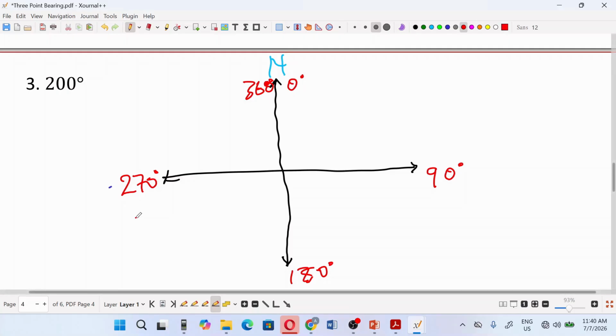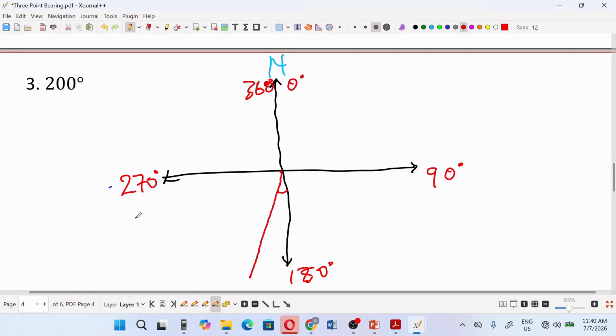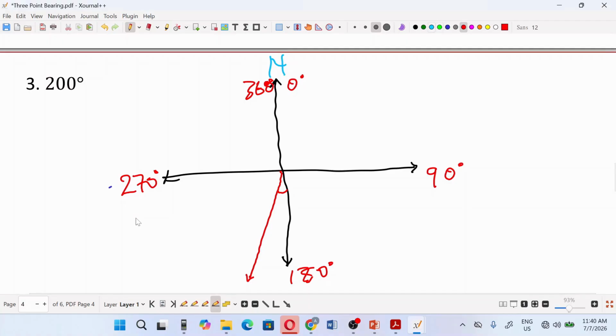I need 20 from this quadrant. The whole of this is 90, so if I need 20, 20 would just be a small part of it. Maybe I would say this part is going to be 20. So I know just this small part is going to represent the 20 that I need.